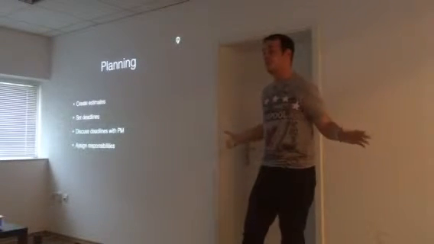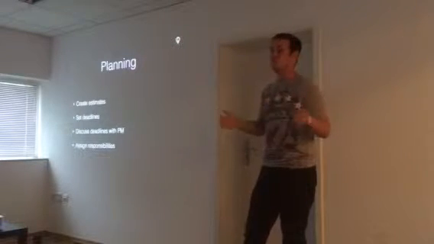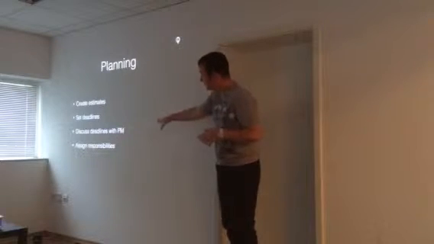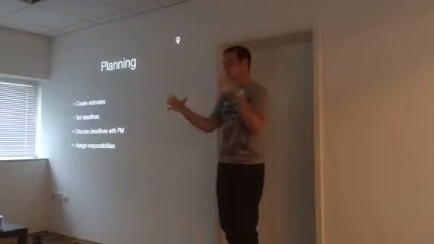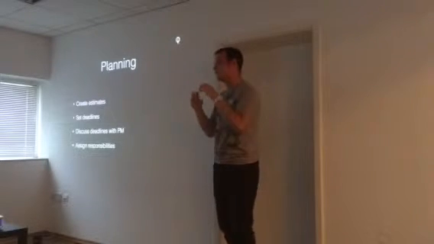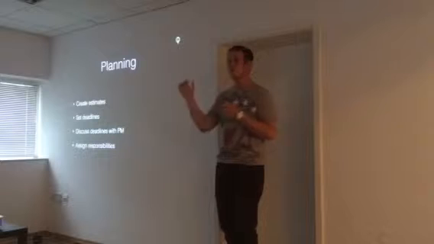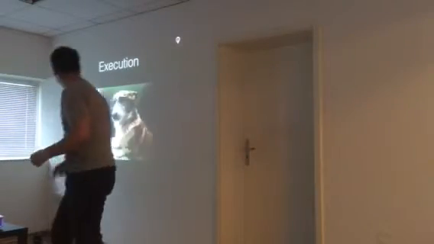Because if everyone is responsible for a single thing or for everything, then nobody is responsible for anything. In practical terms, this is assigning tasks. So you get the big task, you divide it into smaller tasks, and then you assign tasks. You do this, this, and this, you do this, this, and this. This is basically what the planning is going to be like.